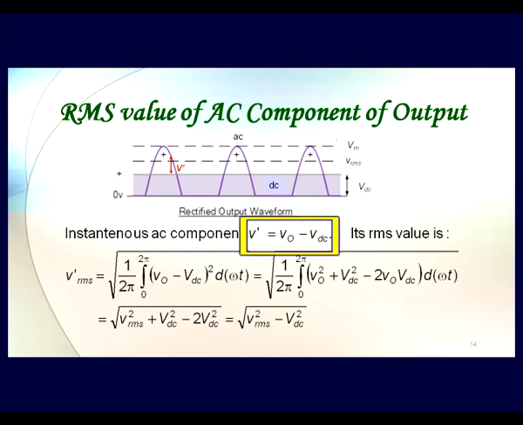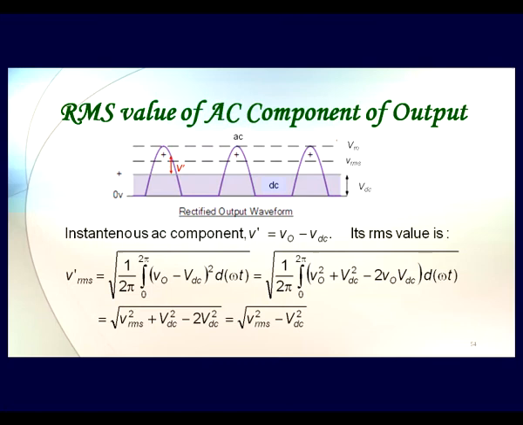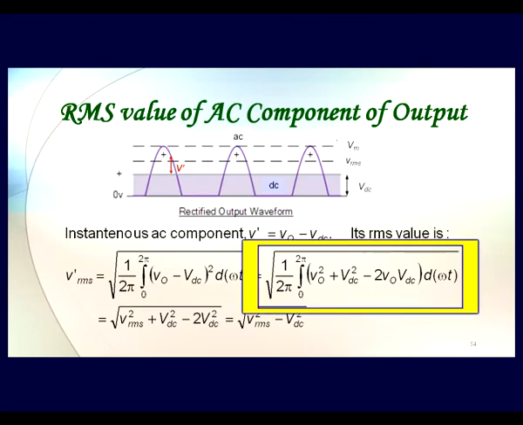Now if I try to find the RMS value of this instantaneous AC component, it will be V prime RMS equal to 1 upon 2 pi integral 0 to 2 pi (VO minus VDC) square d omega t. I just expand this square term: VO square plus VDC square minus 2 VO VDC d omega t.